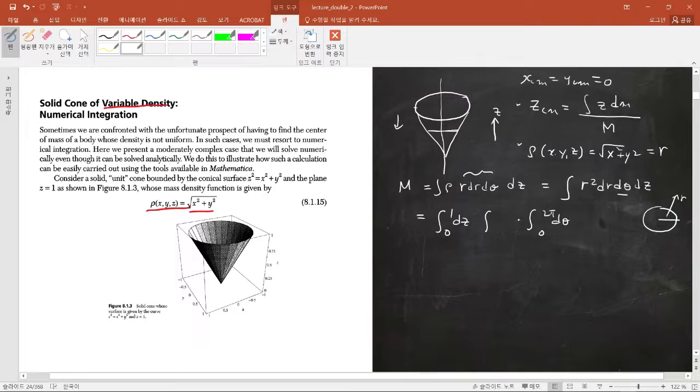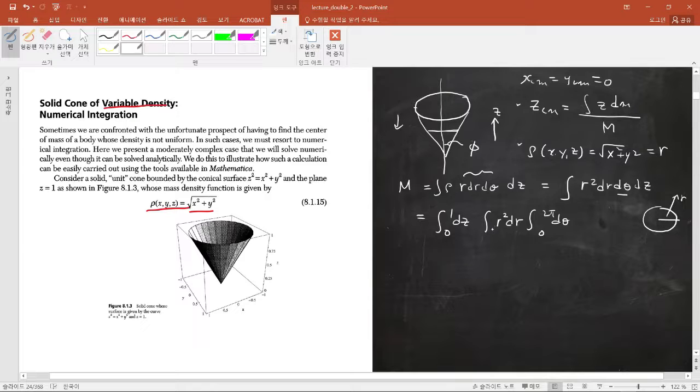So when you do the integration over dr, the relation is very simple. Let's call this angle phi. It's not zeta, it's phi, just this fixed angle here.